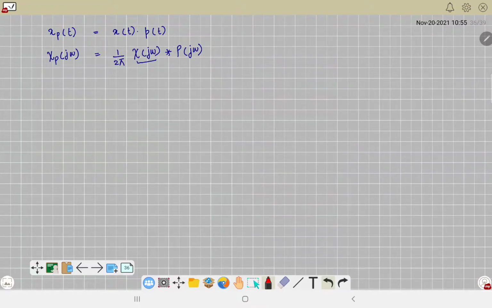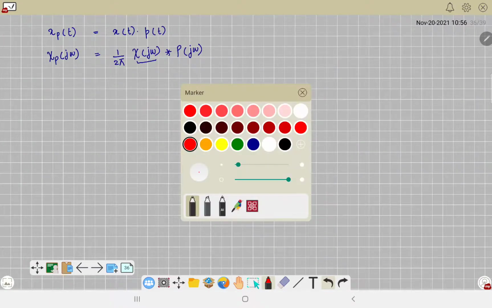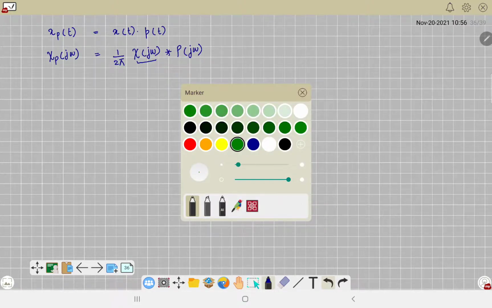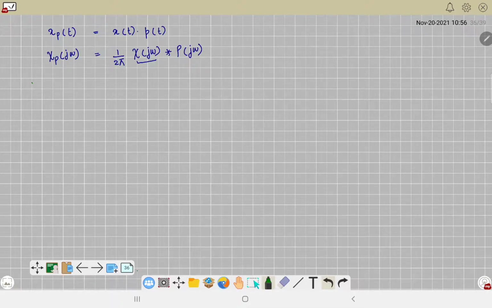Fine. Now this we will analyze, how this will look. We have defined our impulse train. Yeah, let's do one thing. Actually, let's start from here. P of t was defined as summation n running from minus infinity to plus infinity delta of t minus nT.